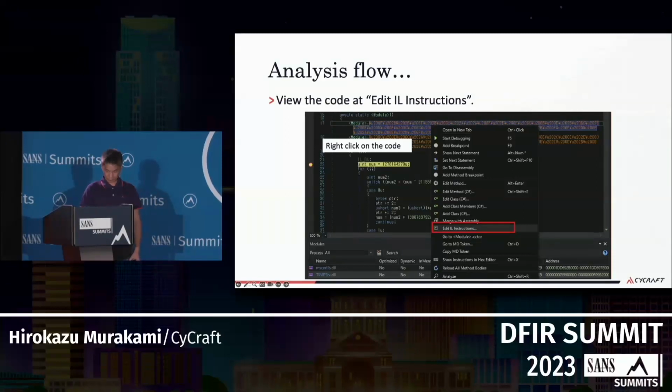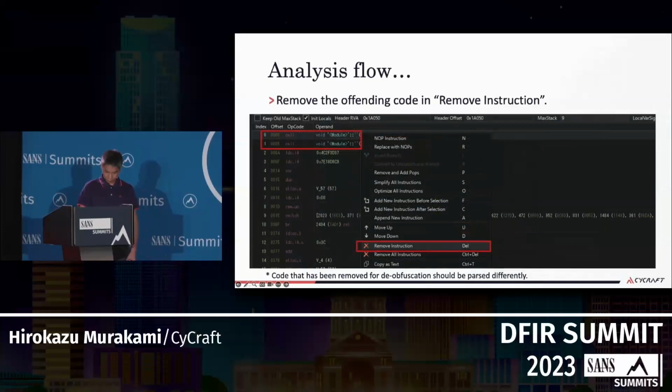Right-click the code of the module in memory that has been opened and select Edit IL instructions from the menu. This is the IL instruction view. I removed the problem code with remove instruction. In this case, the call instructions at the upper left are the problem code.